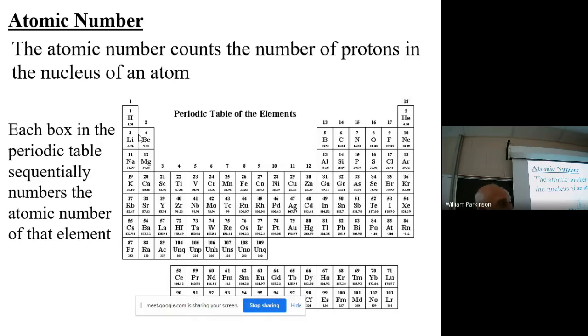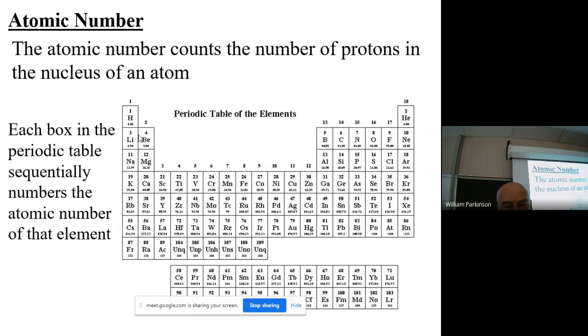We have a fancy name for that. We call it radioactive. If you have a radioactive element, it has an unstable nucleus. And the reason the nucleus of a radioactive element is unstable is that it does not have a stable balance of protons and neutrons in its nucleus.